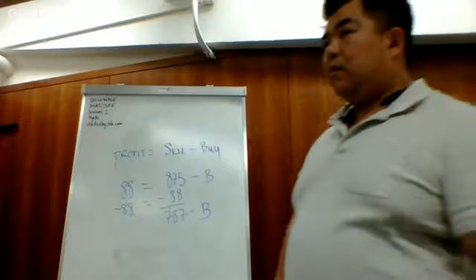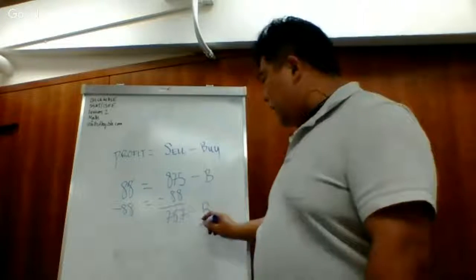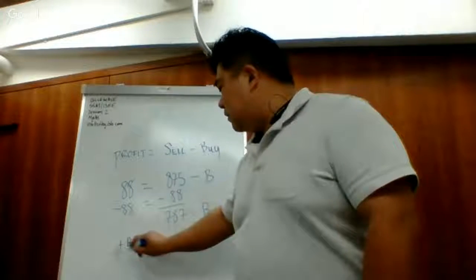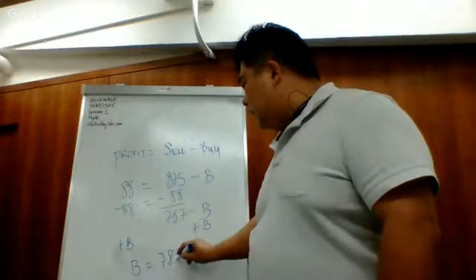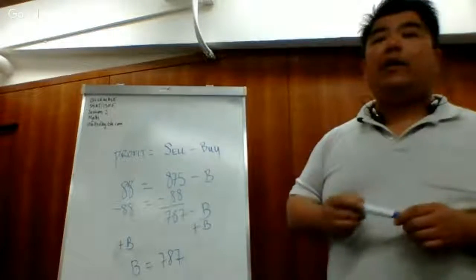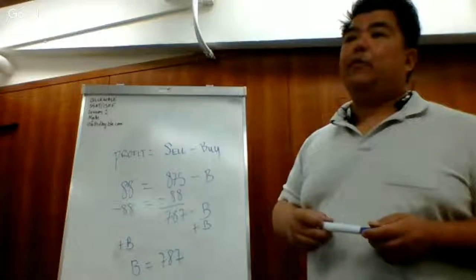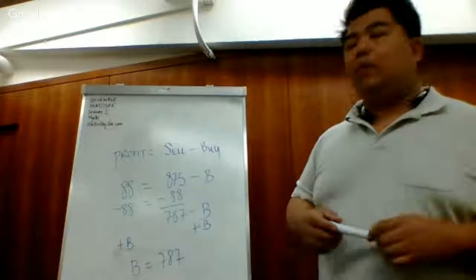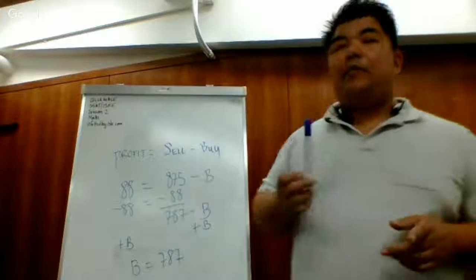You just move the B over to the other side by adding B. So you add it, and then B equals $787. That's correct. So he bought it for $787. That's the only way that his profit would have been $88, because he sold it for more than what he bought it for. Okay?